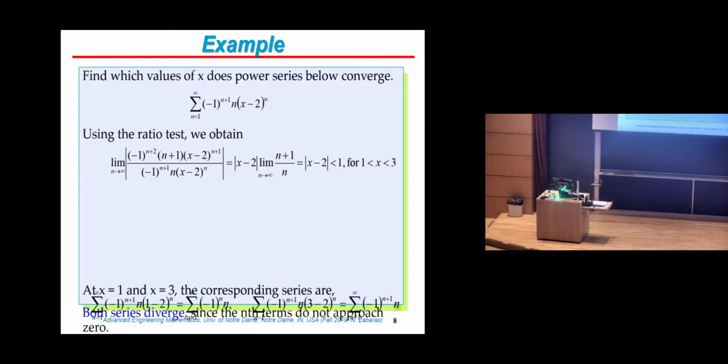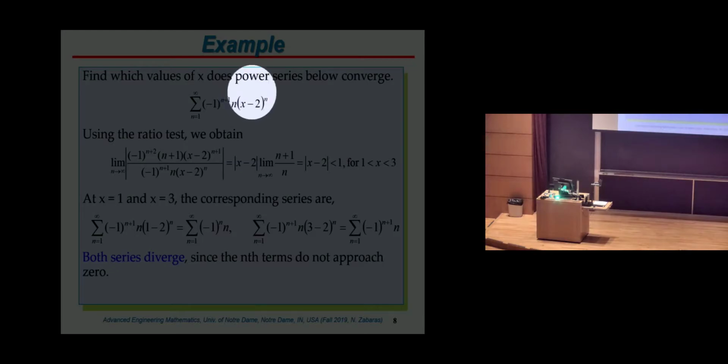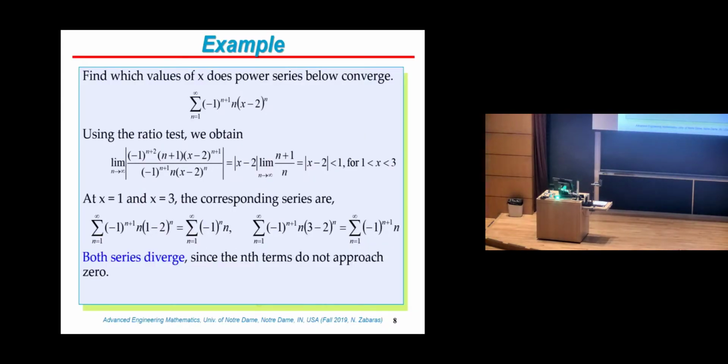All right, so let's see actually the series for x equal 1 and x equal 3. If I put x equal 1 and x equal 3, this is what I get. You have an alternating series, like -1 plus 2, -3 plus 4, -5. Guess what?